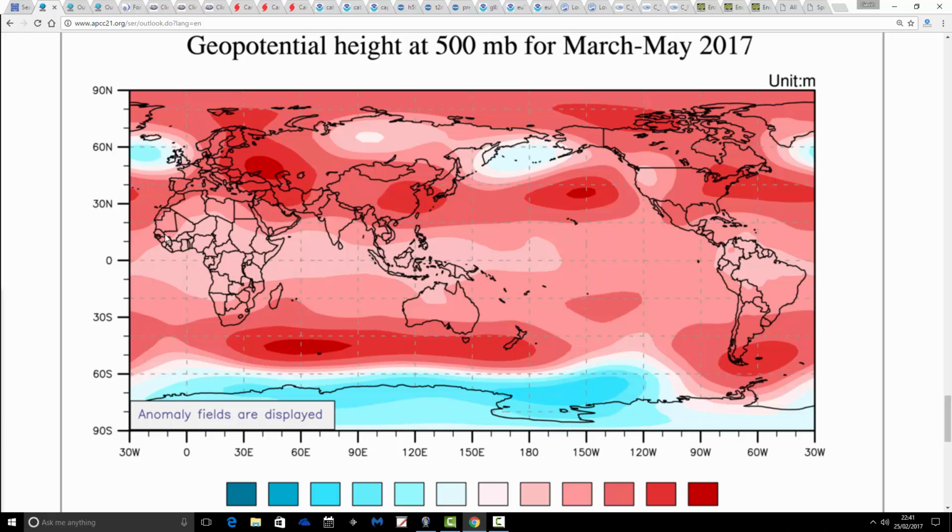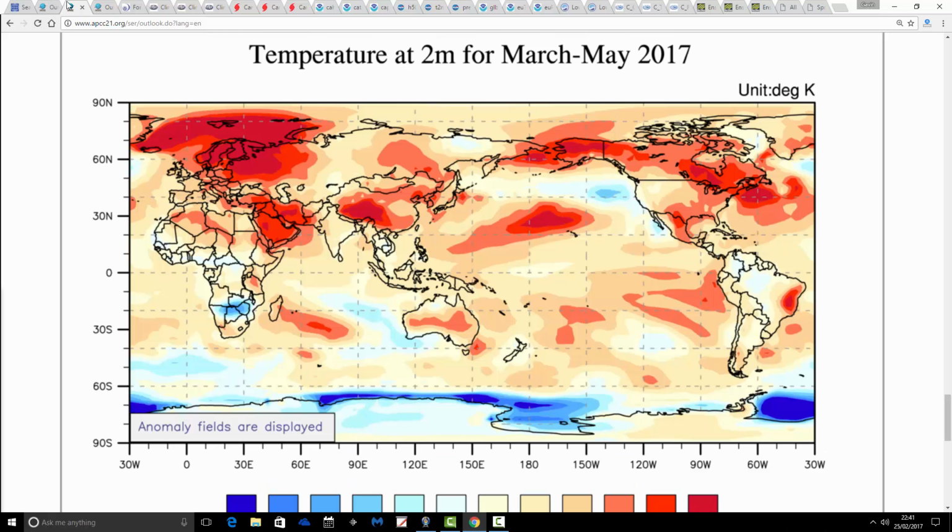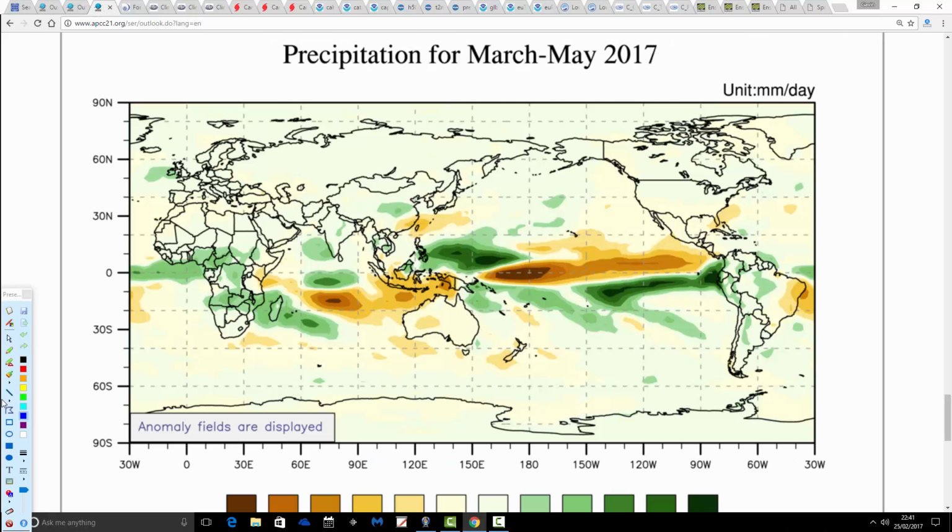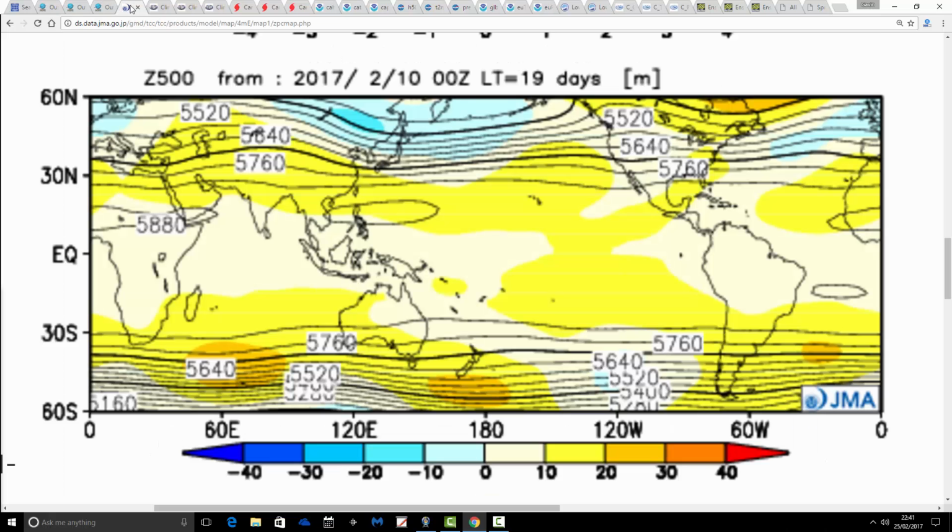It looks like a fairly unsettled signal for this spring. Temperature anomalies are coming out very significantly milder than average, warmer than average for the spring. And because that trough is centered over and just to the west of the country, the precipitation anomaly is actually coming out above average as well. So APEC is seeing a wet but warm spring coming up.